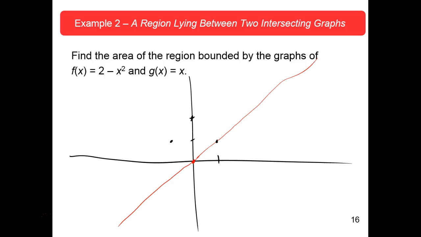Negative 2 squared is 4. 2 minus 4 is negative 2. So that would be down here somewhere. I think we found another point of intersection, didn't we? Negative 2, negative 2. All right? So this is what the function looks like.